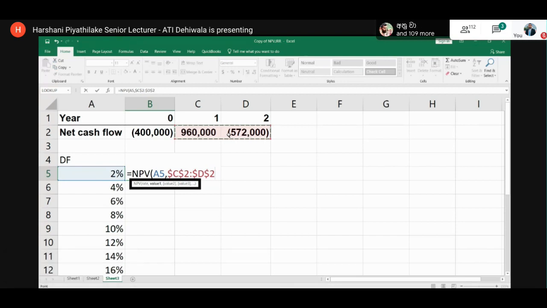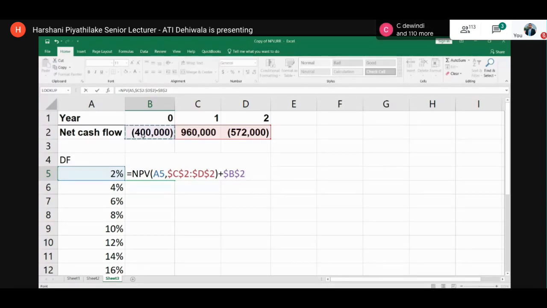Convert into constant one, absolute one. Keep the discounting factor cells as a relative one. Close the bracket. Plus make here 0 cash flow. Convert this into absolute. Right, now we completed the NPV formula.